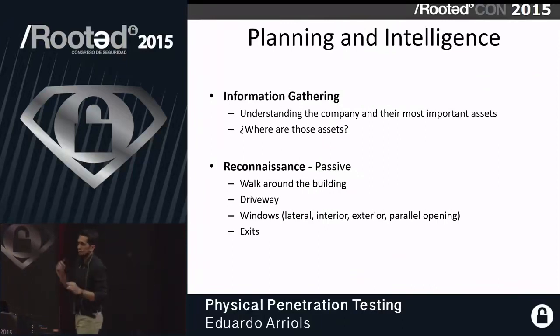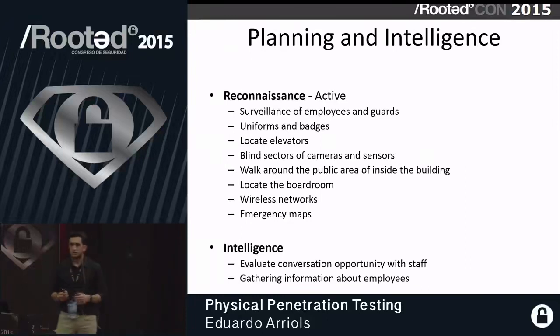Now I will tell you very quickly about that. First part, information gathering, gathering information on the internet about the company, assets, etc. Second, reconnaissance, the passive one. You walk around the building, external environments, emergency doors, type of windows. So that is to say the environment, the company, but from the outside.